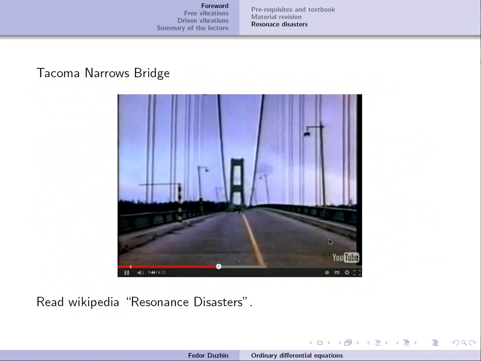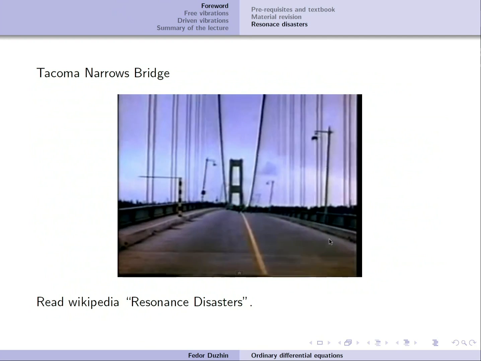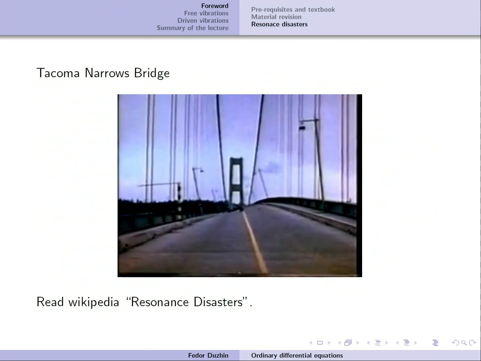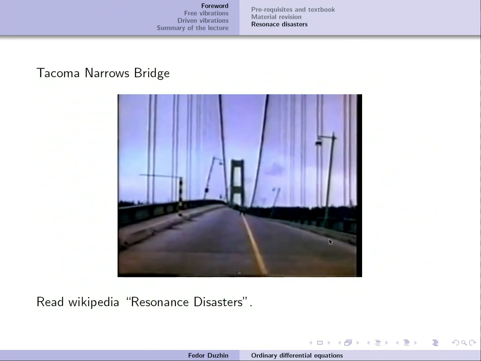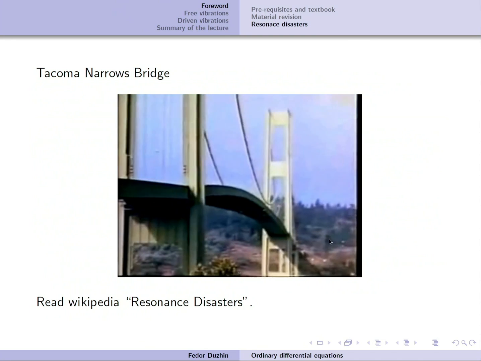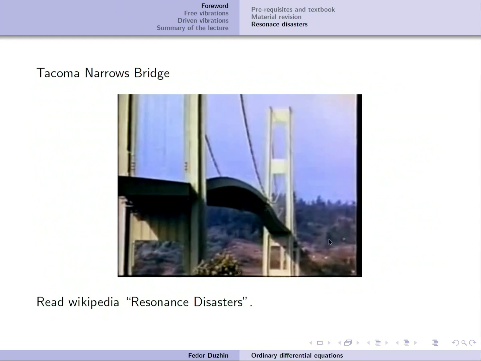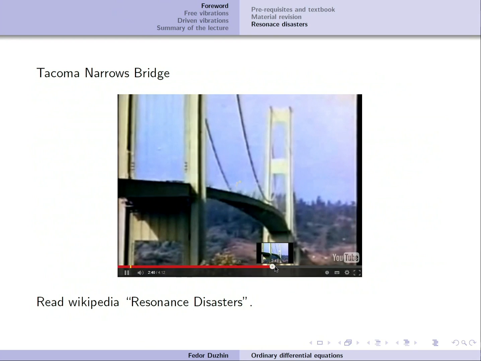So it was this bridge, and somehow its internal oscillations came in resonance with external oscillations driven by the wind, and this is what actually happened, and eventually the bridge collapsed.